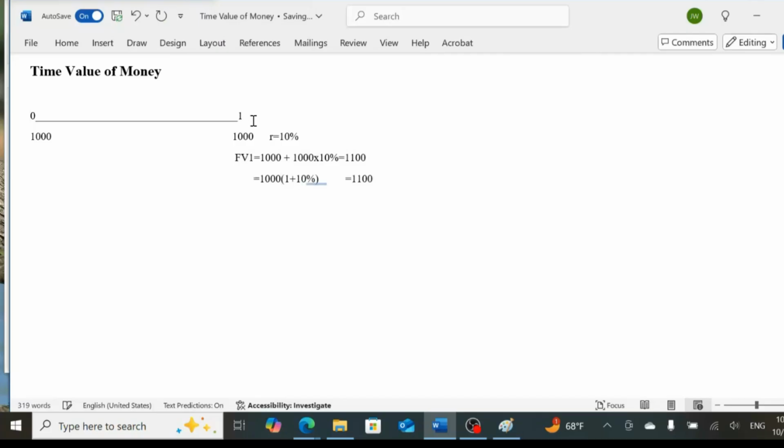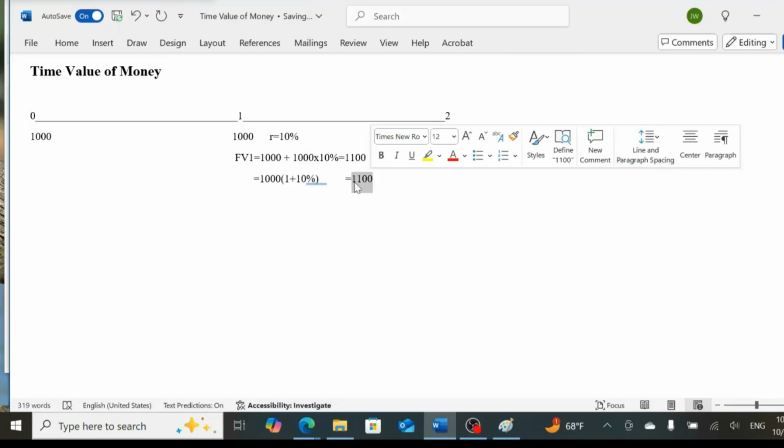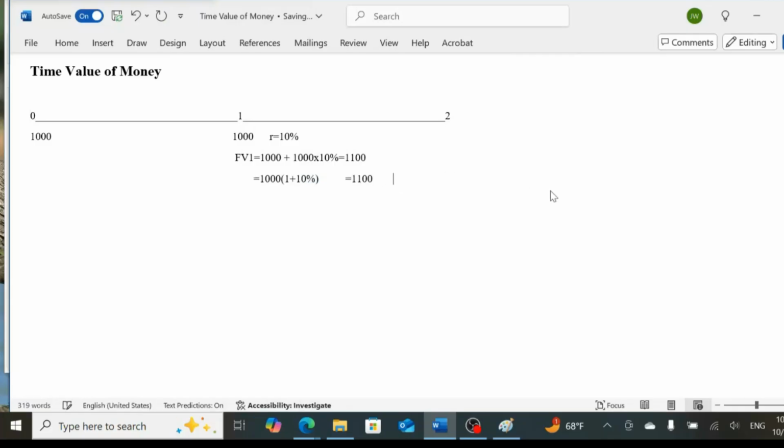So what about after 2 years? What is today's equivalent amount in year 2? Follow the same logic: today's $1,000 after a year grows to this amount. Then after another year, you earn another 10%, so it will grow into this amount. This is called future value in year 2, FV2. Based on the year 1 amount, you add 10%.